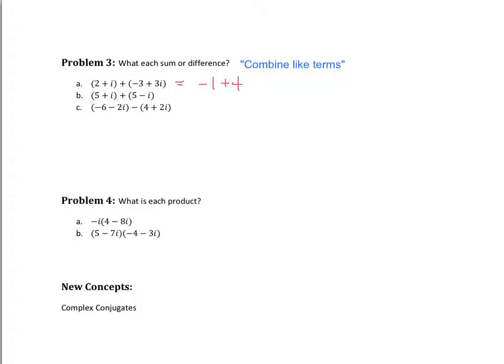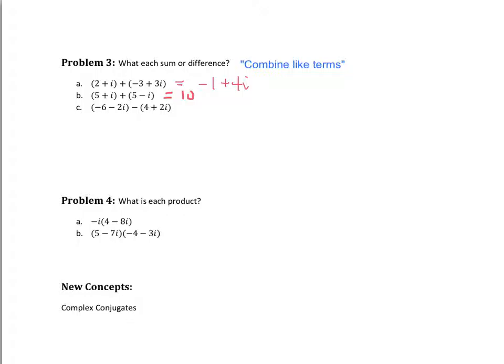So my answer is -1 plus 4i. In letter B, I've got 5 plus 5, and that's 10. And then i plus -i would equal 0i. So then we just end up with an answer of 10.